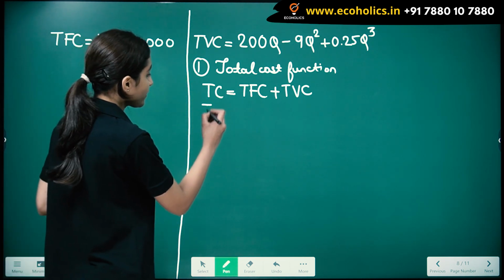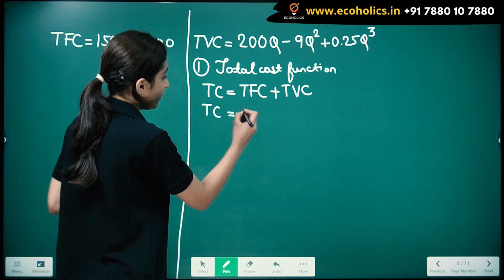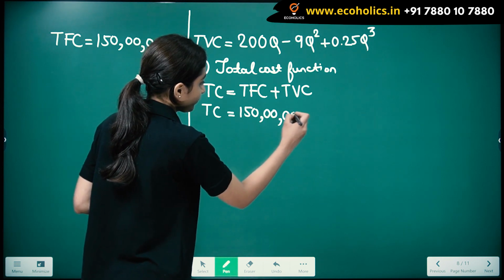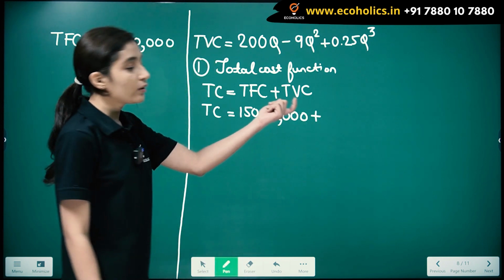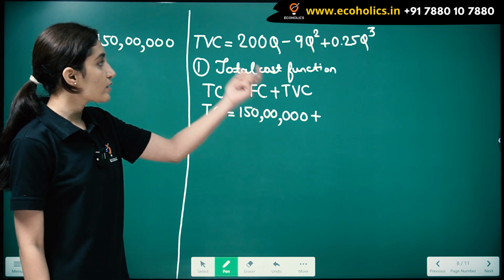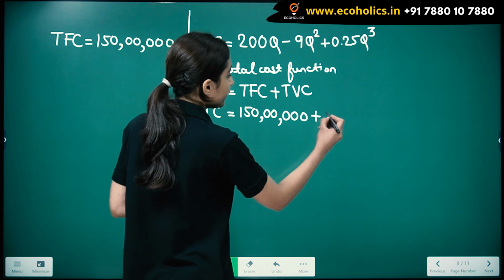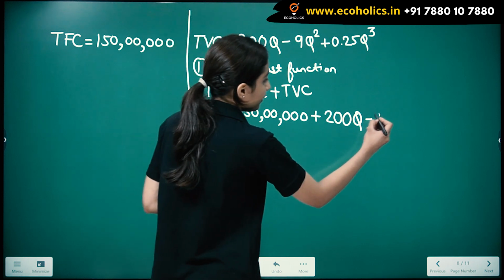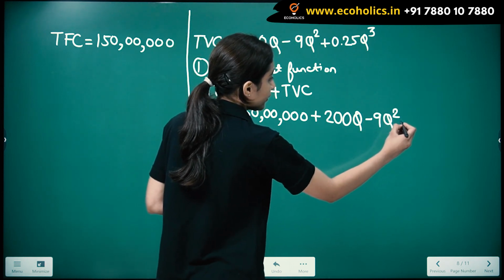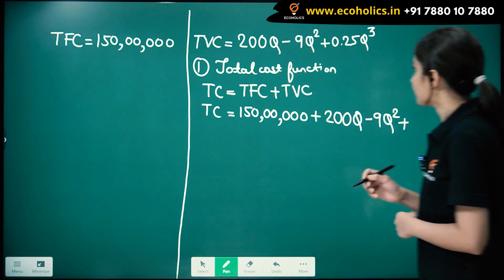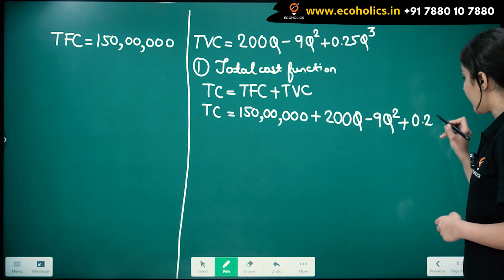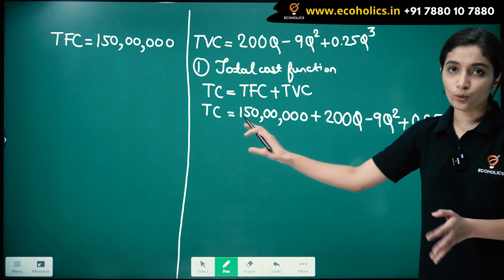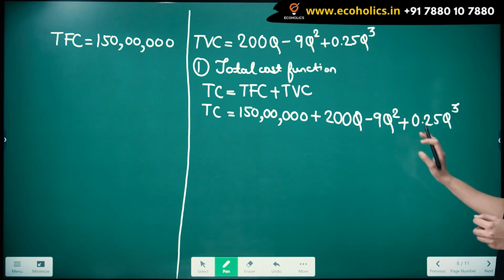So we are going to substitute the value of total fixed cost, that is 150 lakhs, plus total variable cost, that is 200Q minus 9Q square plus 0.25 Q cube. So this becomes our total cost function.